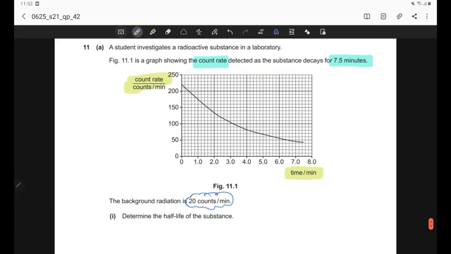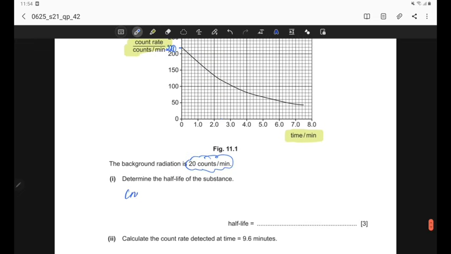So we can check the count rate when time is 0. At the beginning, the count rate is 220. From this value, we can calculate the initial count rate from the substance without background radiation. So the initial count rate without background radiation will be the total count, that is 220, minus background radiation.